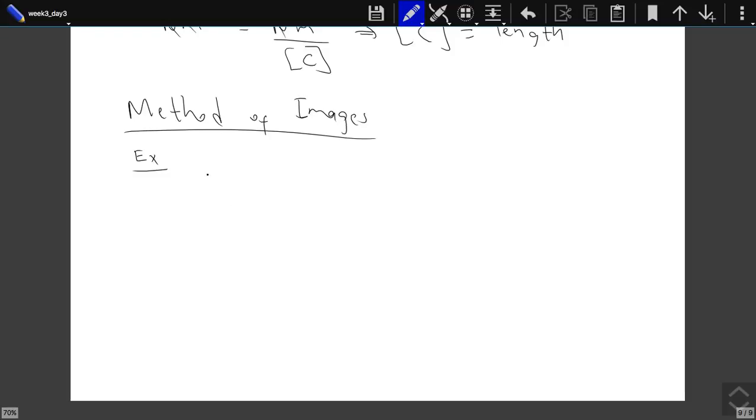So let's look at an example. The typical example would be we have an infinite conducting plane. We can set the potential to 0 on the boundary. By setting the potential on this conductor to 0, we don't really lose the general applicability of our results.